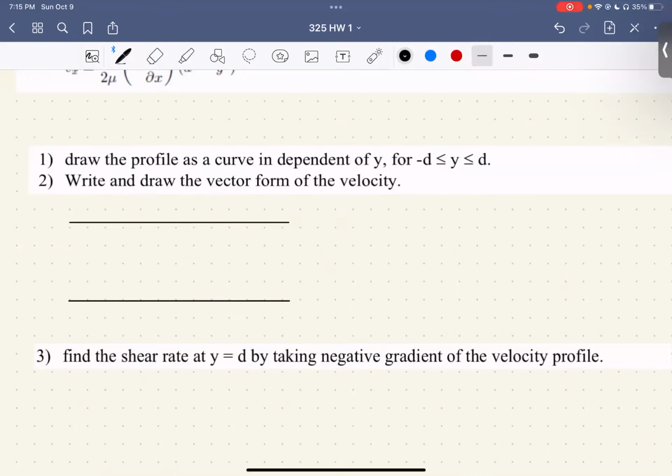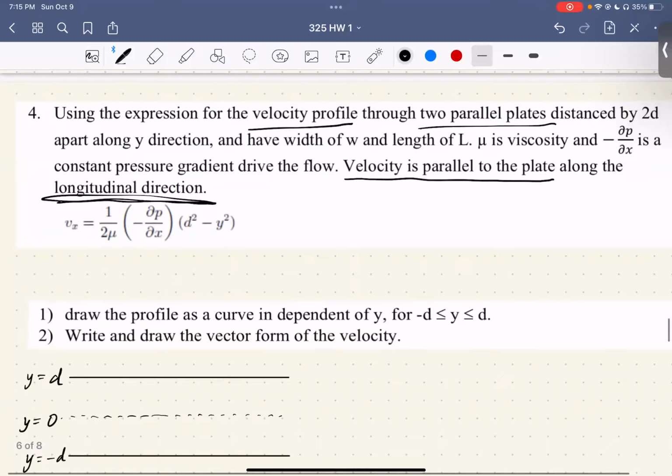This is going to be Y equals D, and this is going to be Y equals negative D, for a total of 2D, right? So this means that right here, I'm just going to draw a dashed line. It doesn't mean that there's a dashed line in between these plates. It's just for us. We have Y equals 0, right? Great.